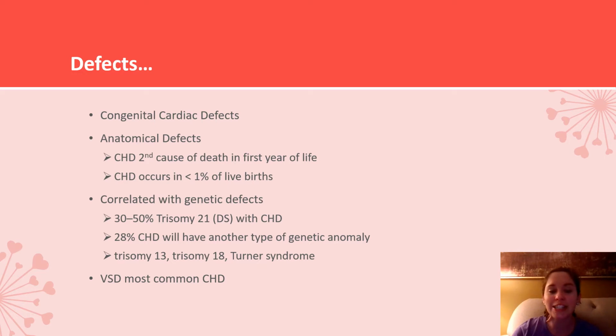They're named so much easier than our pharmacology drugs, because the pharmacology drugs are named like these super long names that you can't pronounce and make no sense. But the congenital heart defects are named to specifically target where the problem is. And I'll get into more detail about that and show you what VSD really means here in a little bit.